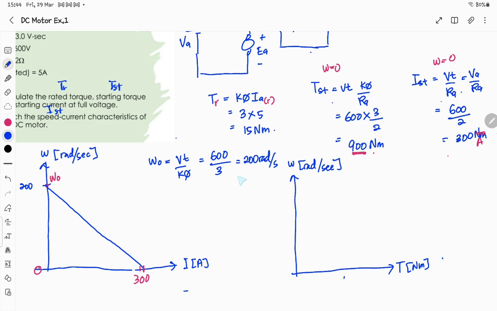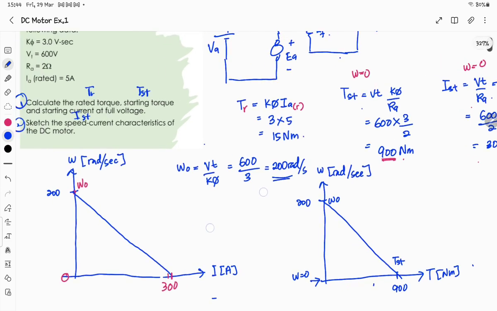It's the same 200 here, so it's 200, your omega naught, and one point for maximum torque, since at this point speed equals 0, you will have your starting torque here. So this is your TST with a value of 900.